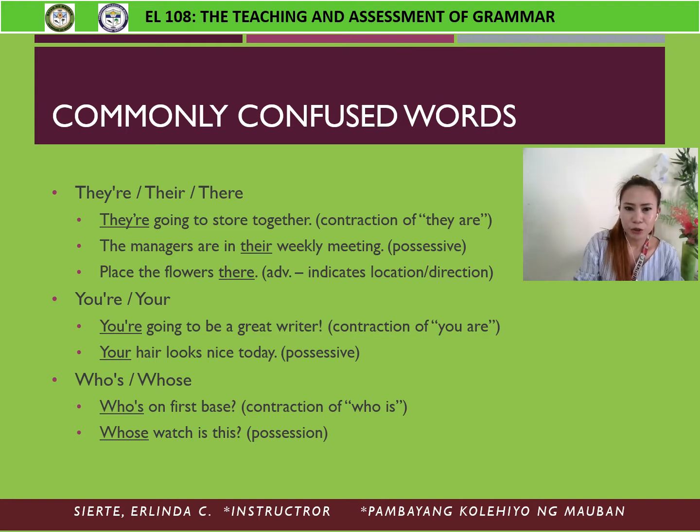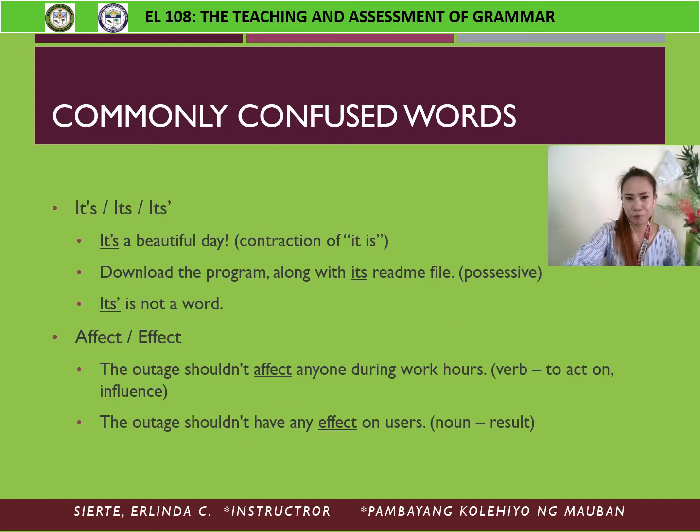The word your is in a possessive form. Next, who's and whose. Who's, with an apostrophe and s: "Who's on first base?" That is a contraction of the words who and is. The next one: "Whose watch is this?" That is in a possessive form.